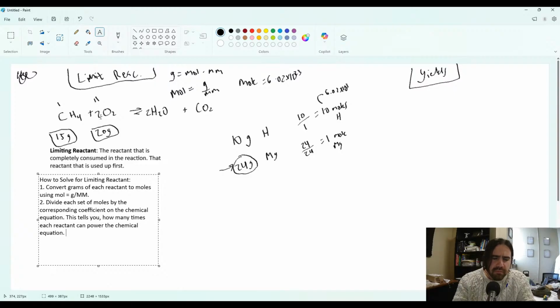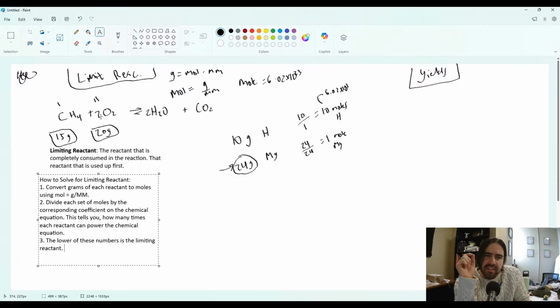Okay. So the larger the number at the end of this step, right, that means it's able to power more cycles of the chemical equation. It doesn't mean that it will, but it has the capacity to do that. Okay. The lower of these two numbers, or of these numbers, I guess, if there's more than two reactants, the lower of these numbers is the limiting reactant.